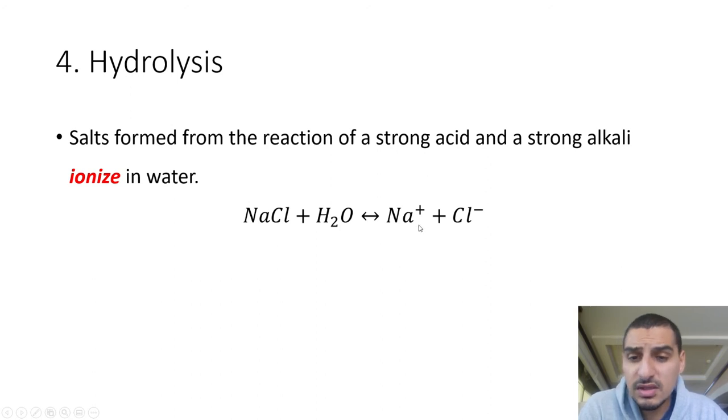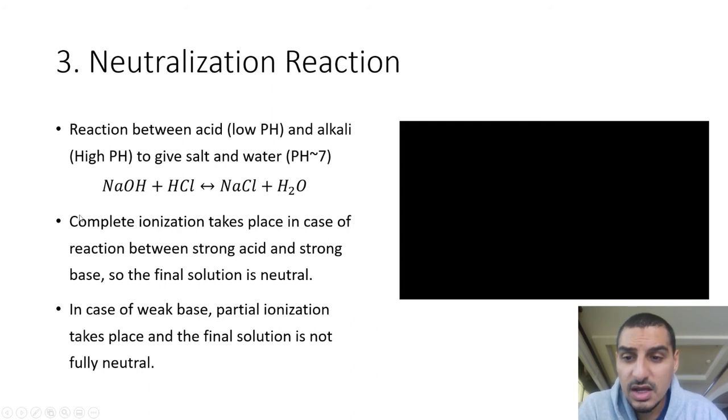I would expect this to produce NaOH and HCl, but for the case of NaCl, the reaction going back here is extremely fast, and the sodium hydroxide and HCl quickly react to form the sodium chloride. So the speed of the reaction going this way is way faster than the speed of sodium chloride going back to sodium hydroxide and HCl.